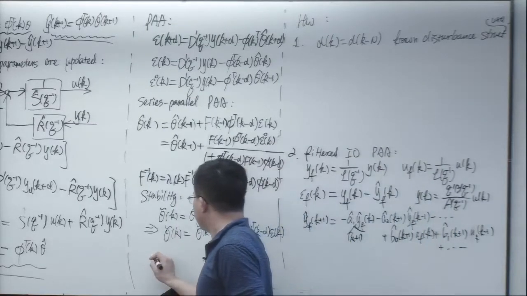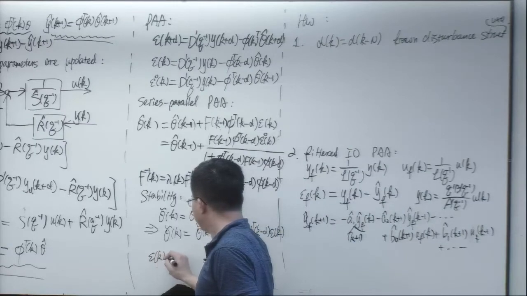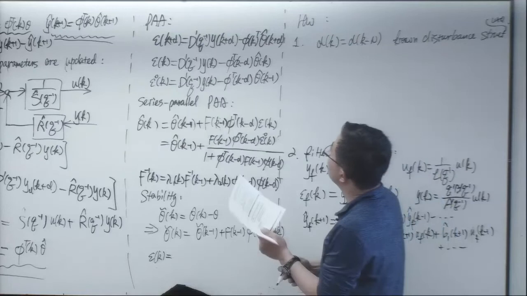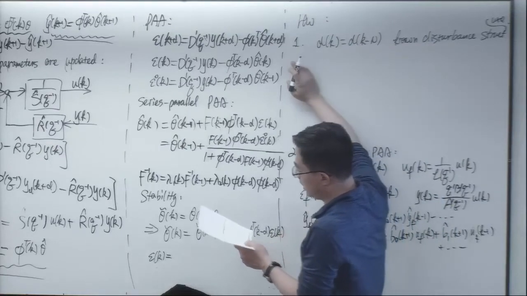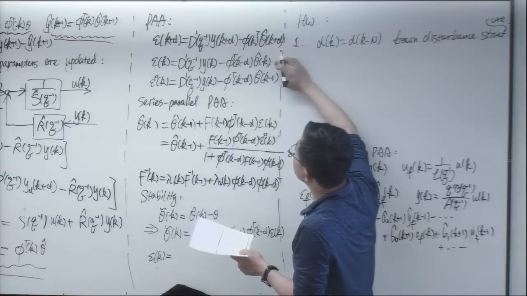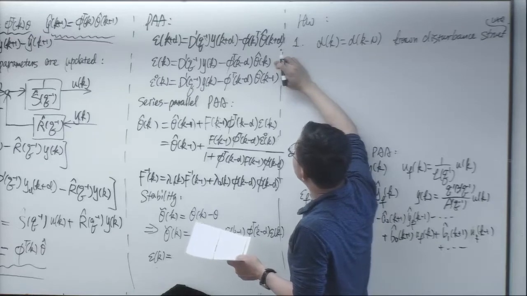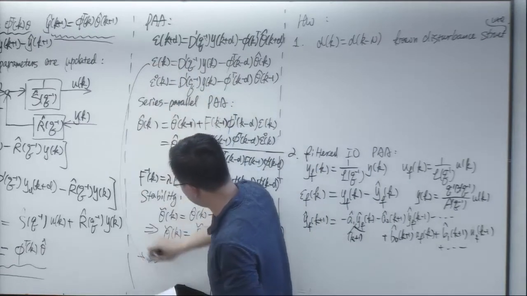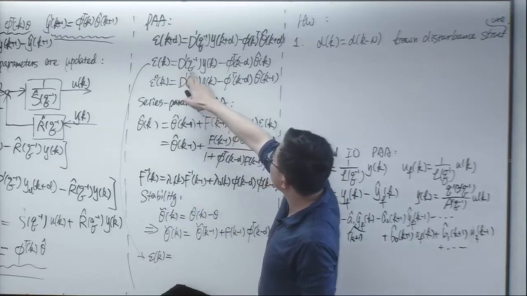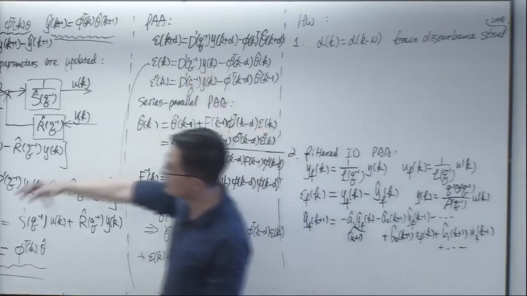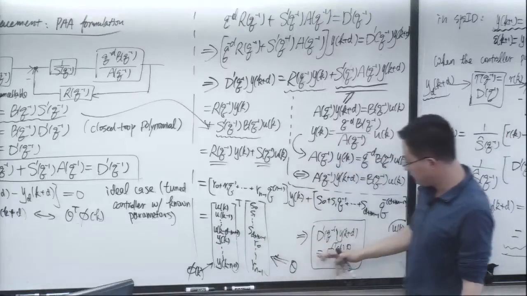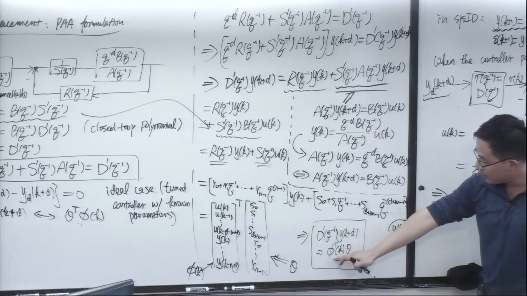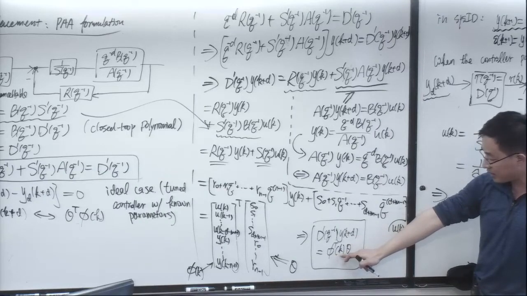Okay? And then epsilon equals, from this equation, we know d prime q operating on yk is going to become phi transpose k minus d and theta.